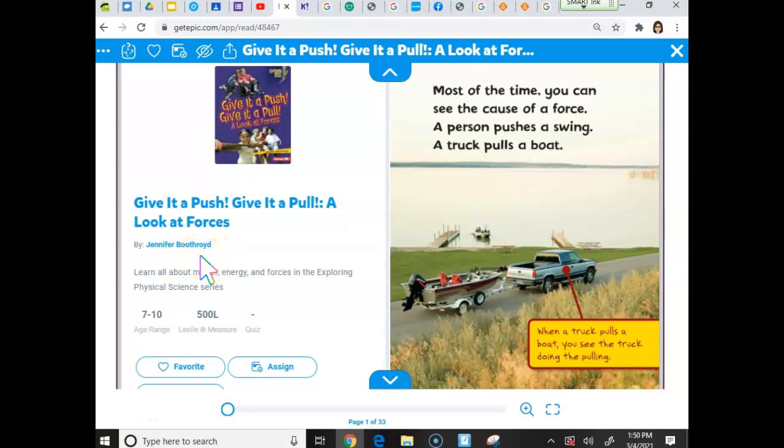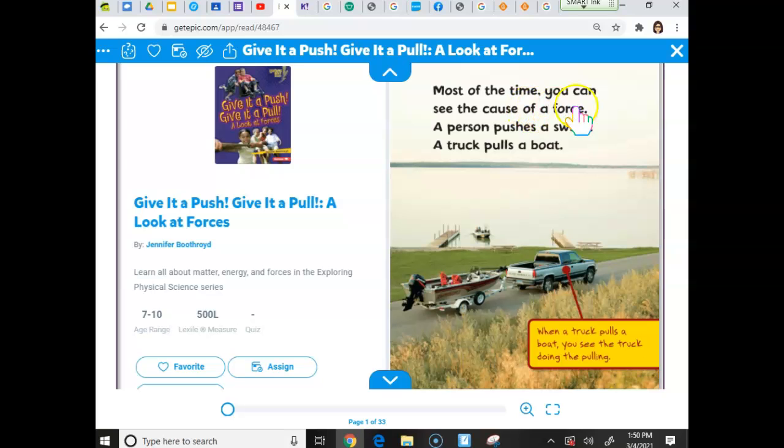She is the author of this book. It says, learn all about matter, energy, and forces in the Exploring Physical Science series. All right, and it's a 500 Lexile, so that means it's in our range for second grade. All right, so let's read.